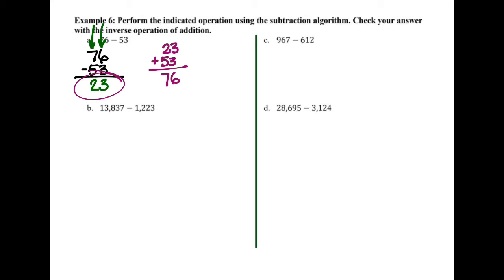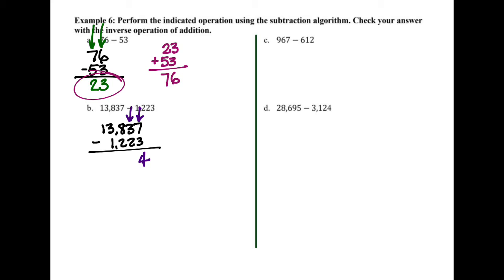Okay, next one. So first number goes on top, 13,837 minus 1,223. Okay, and starting from the ones column, 7 minus 3 is 4.